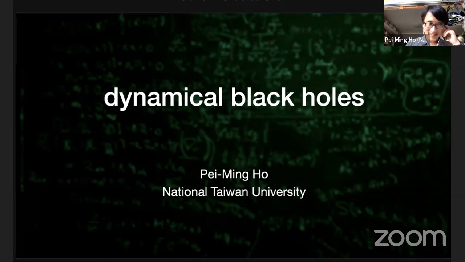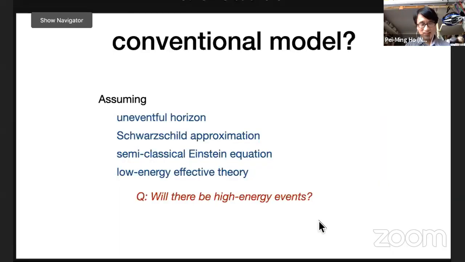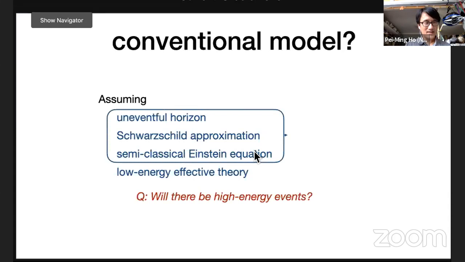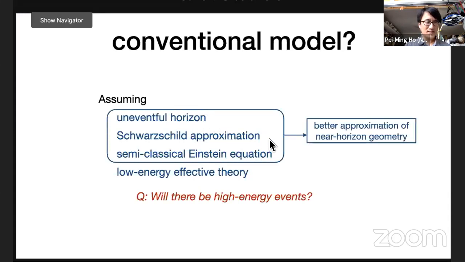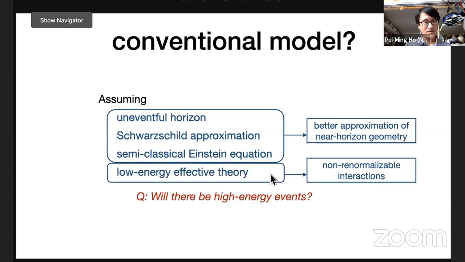So yes, I hope to claim that I have found the loophole in the conventional model. Let's review the assumptions of the conventional model. The key point is to find something that makes the uneventful horizon or the Schwarzschild approximation invalid. With the same theoretical framework of the semi-classical Einstein equation and low energy effective field theory, even if you start with an uneventful horizon, maybe after a while the Unruh vacuum would evolve to a different quantum state.